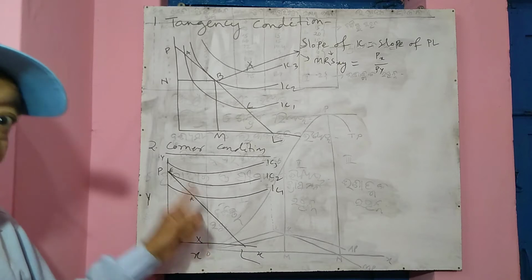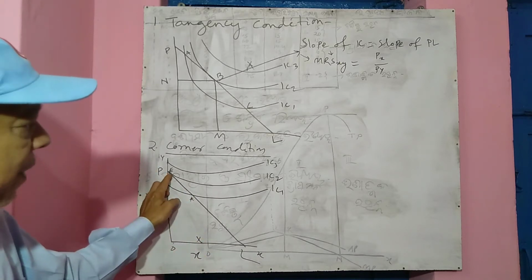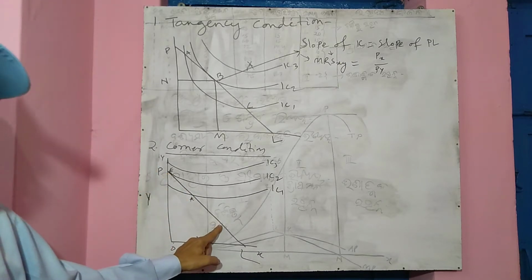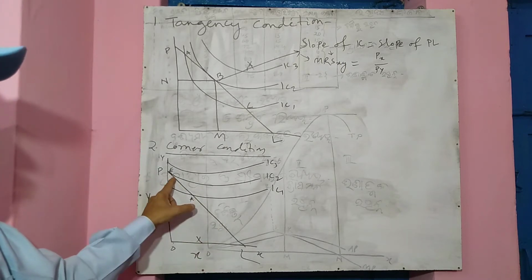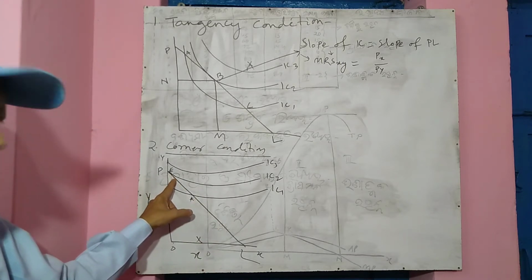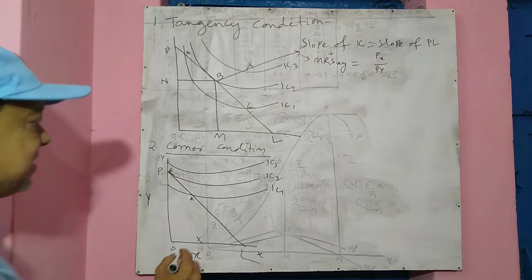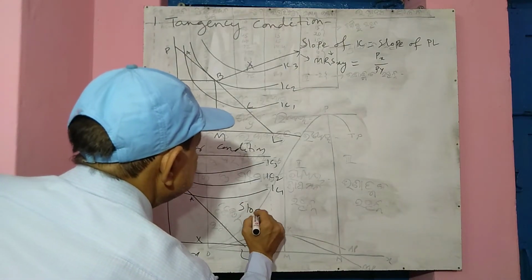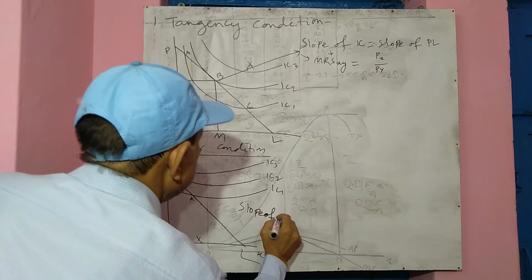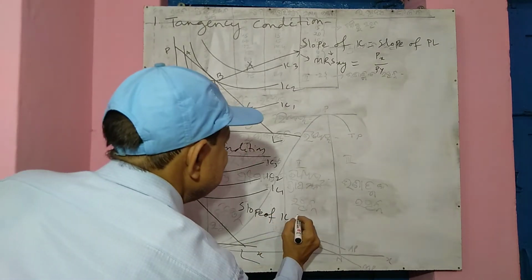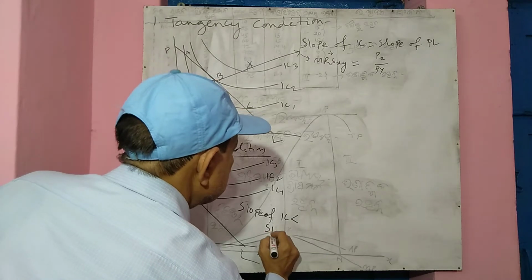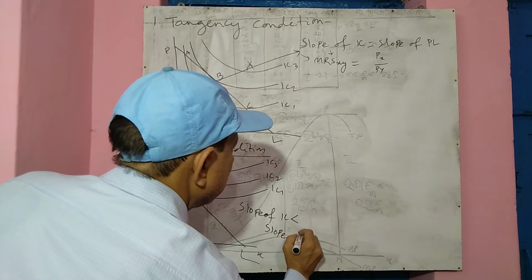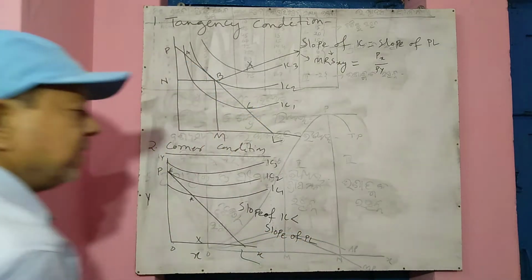Why? Here the slope of the price line is greater than the slope of the indifference curve. The slope of IC is less than the slope of the price line.